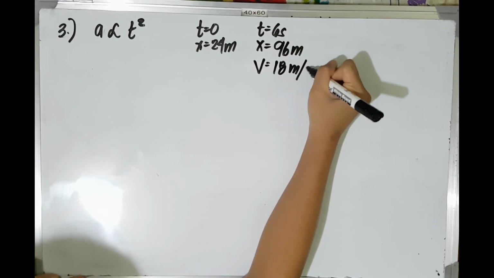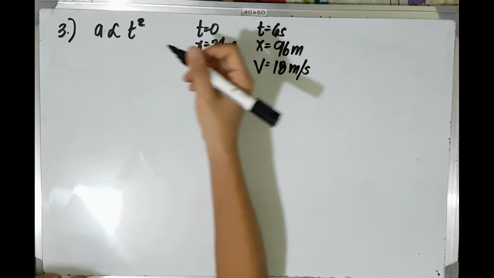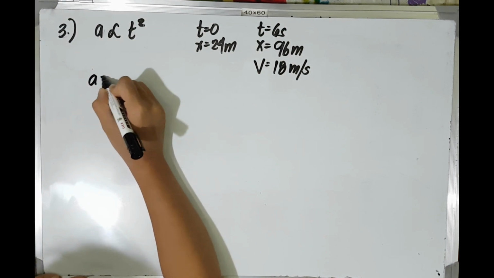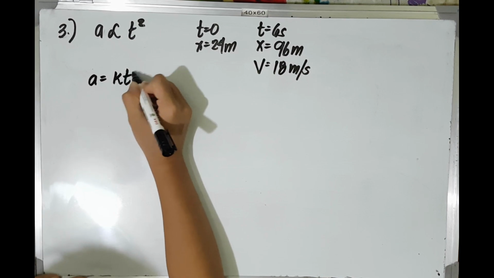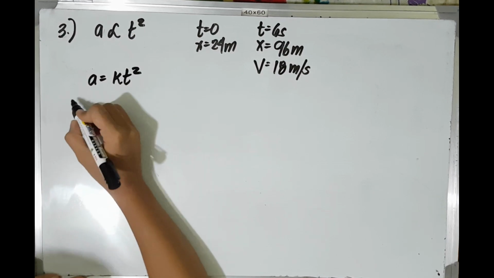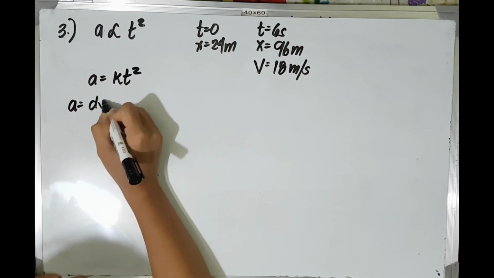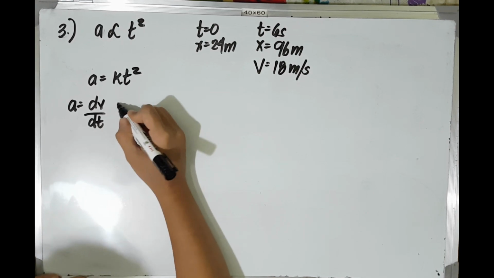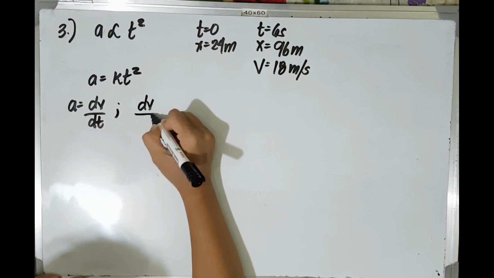So a is equal to a certain constant k multiplied by t squared. We will integrate the equation for acceleration to get the velocity equation. Integrate.